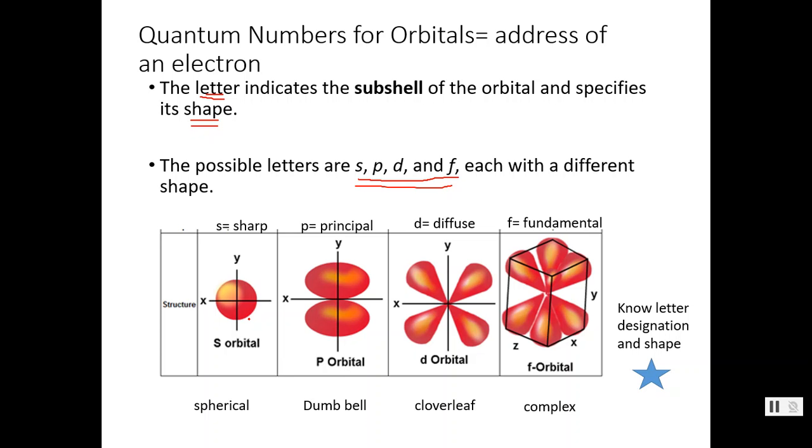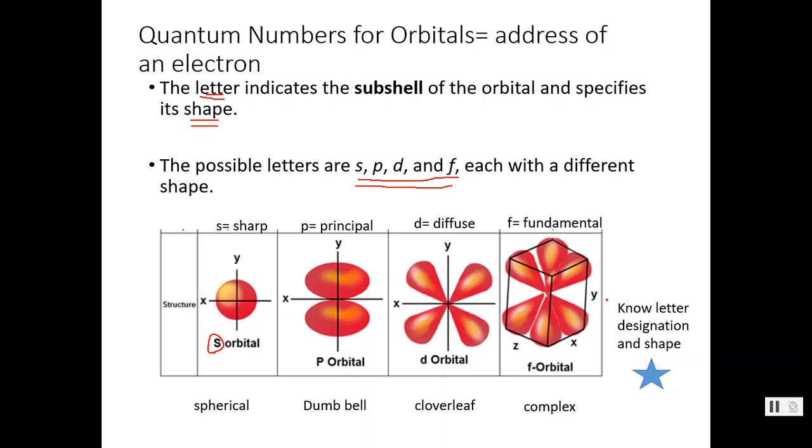So for example, an orbital that is an S orbital, the region of space where that electron resides is spherical, hence S. Okay? So you can see as our orbitals progress from S to P to D to F, the shapes get much more complex and much larger.